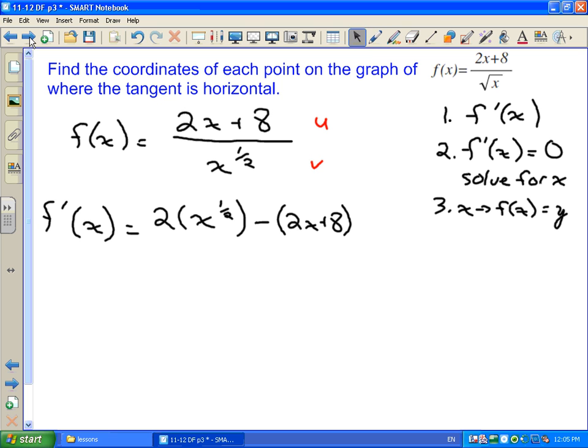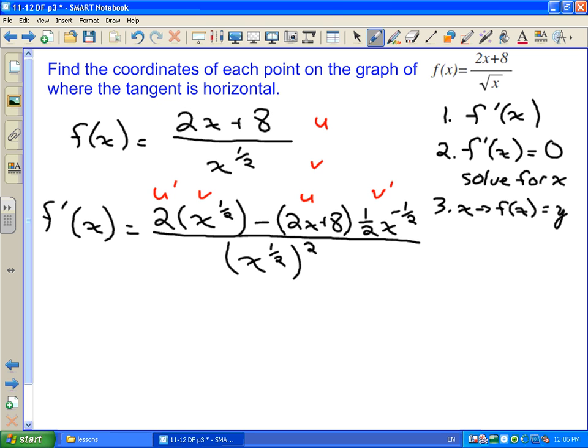So it's u primed v, minus u v primed, and the derivative of v is going to be 1/2 x to the negative 1/2. And then down in my denominator, I'm going to have x to the 1/2 all squared, which is v squared.